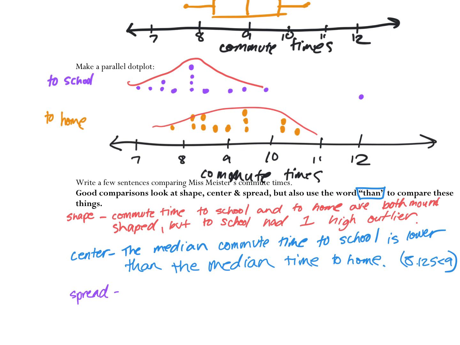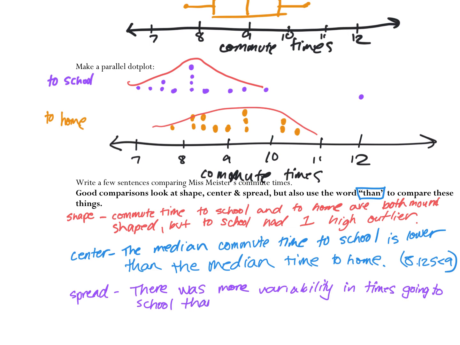Okay. Last thing. For the spread, if you wanted to say there was more variability in times going to school than going home, because to school had a higher range, that would be good.